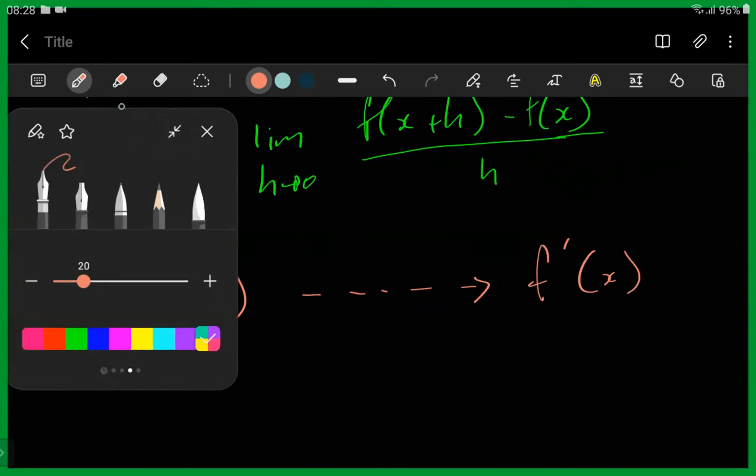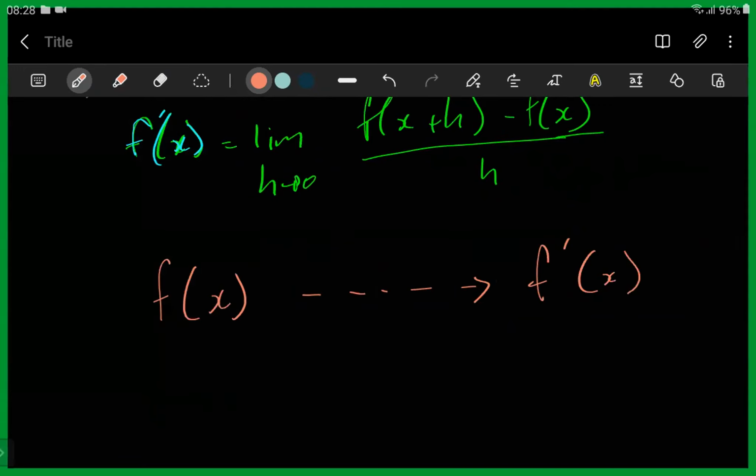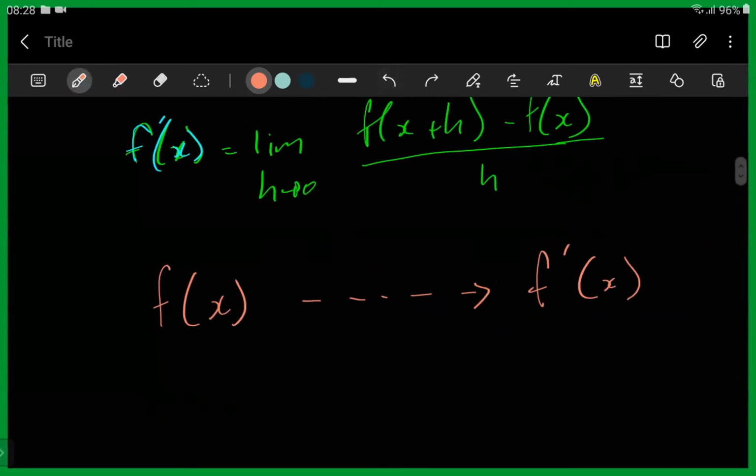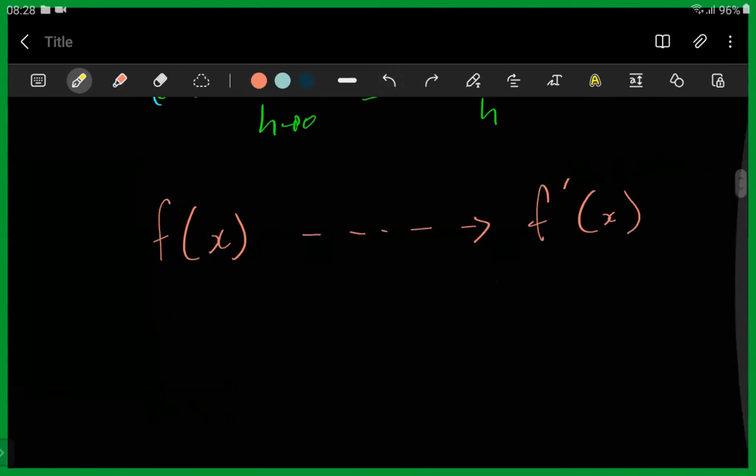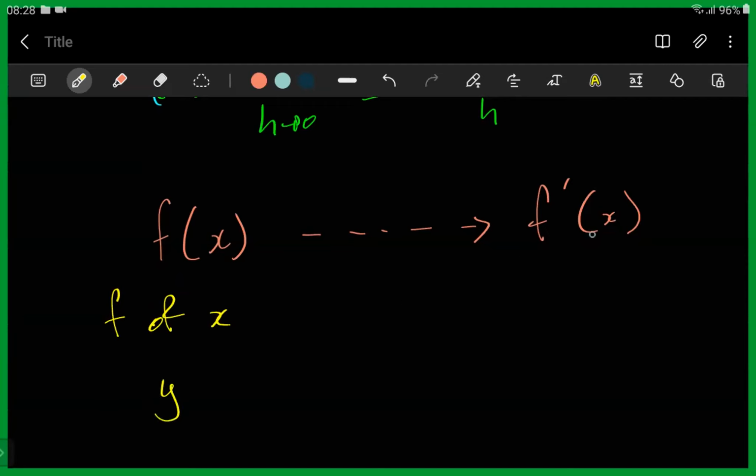I'll just refer to the names of these symbols, which all mean the same thing. We can call this f of x, or sometimes y. This is called f prime, though you may also refer to it as the gradient.